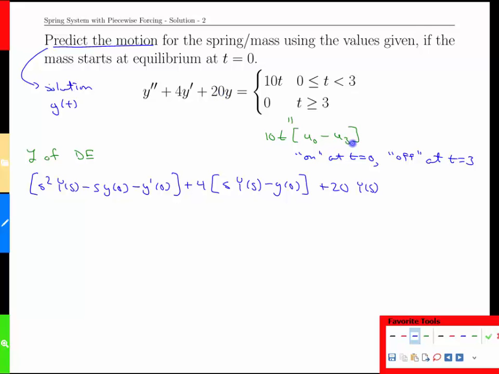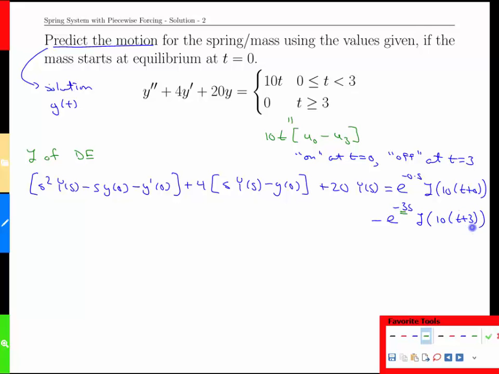Working with the step functions, we have the transform of 10t times u0. Well, that's e to the negative 0s times the transform of 10 times t plus 0, if you look at your table entries. And then we're going to subtract, negative sign out front here, e to the negative 3s, Laplace of 10 times t plus 3.